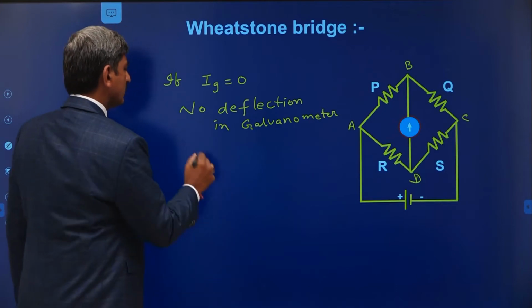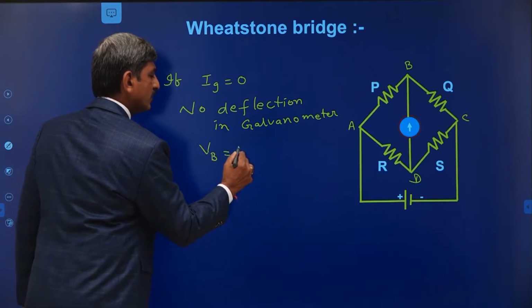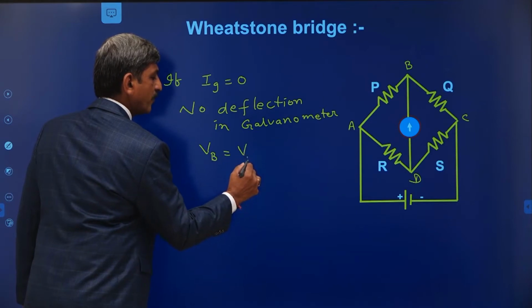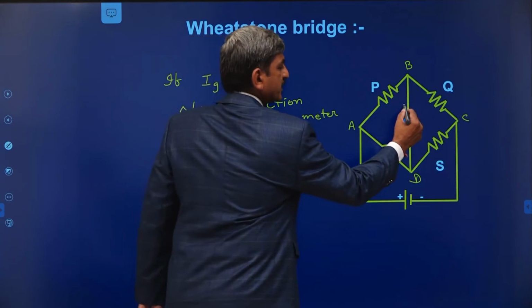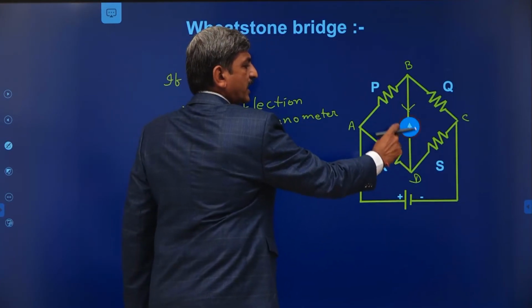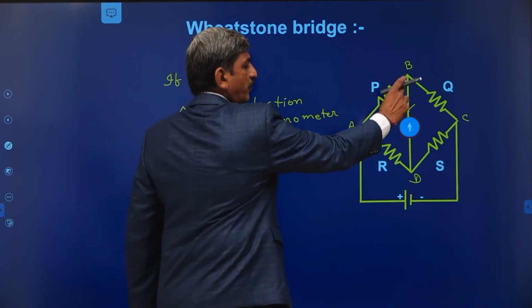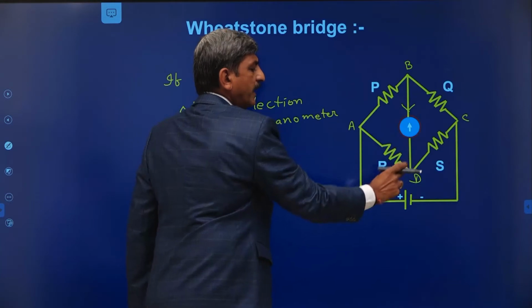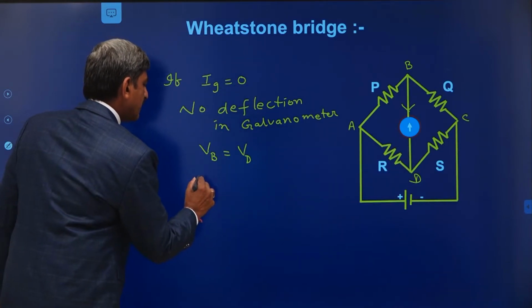or suppose the potential at point B is equal to the potential at point D. It means the current passing through the galvanometer is equal to 0, or the galvanometer shows no deflection, or the potentials at these 2 points B and D are the same. Then we can say that the bridge is balanced.